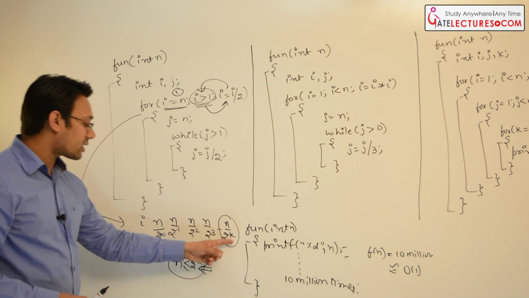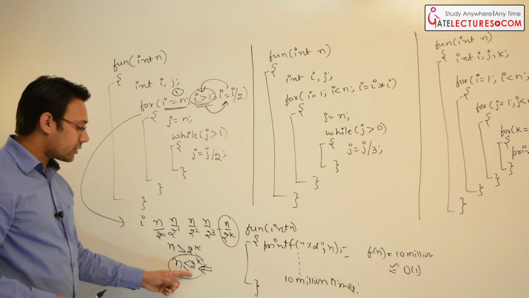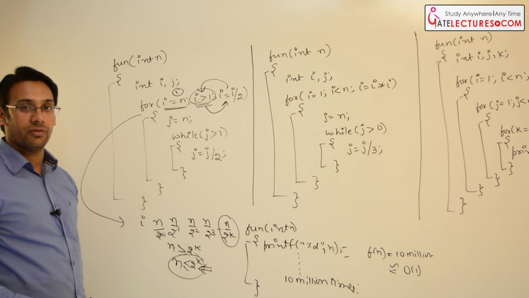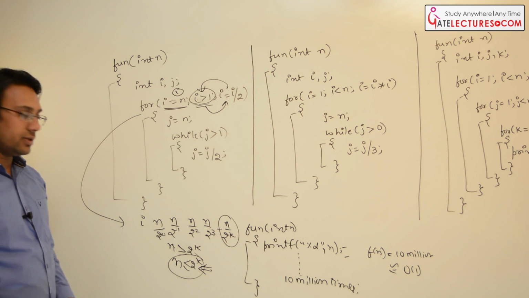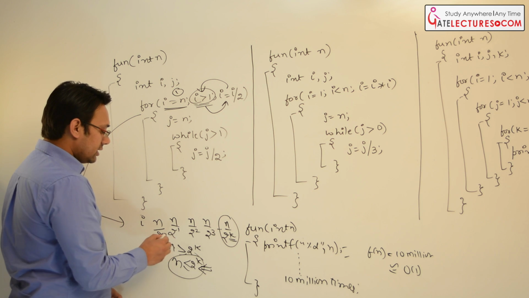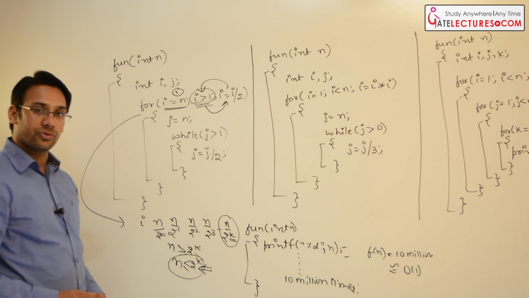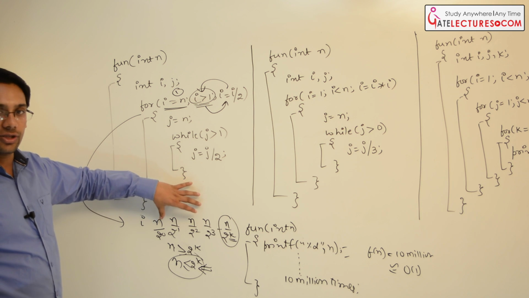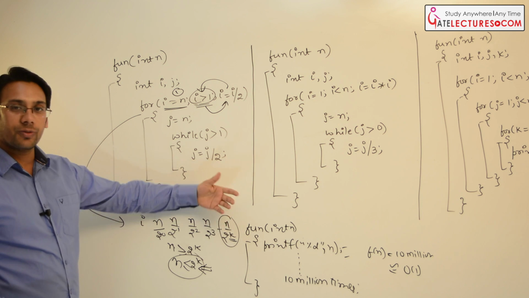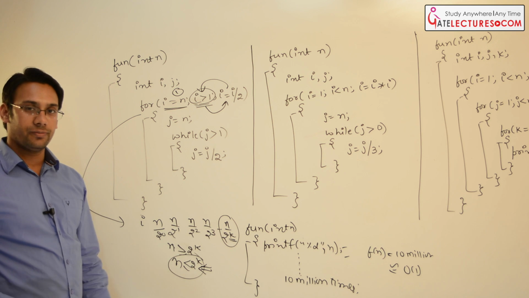So when 2^k is greater than or equal to n, then this condition will become false. Till this time, how many times did this loop run? This loop ran up to k times. Why? 0, 1, 2, 3, 4, 5, 6 and so on up to k minus 1. From 0 to k minus 1 this condition is true, but when 2^k is there, then this condition will become false, right?